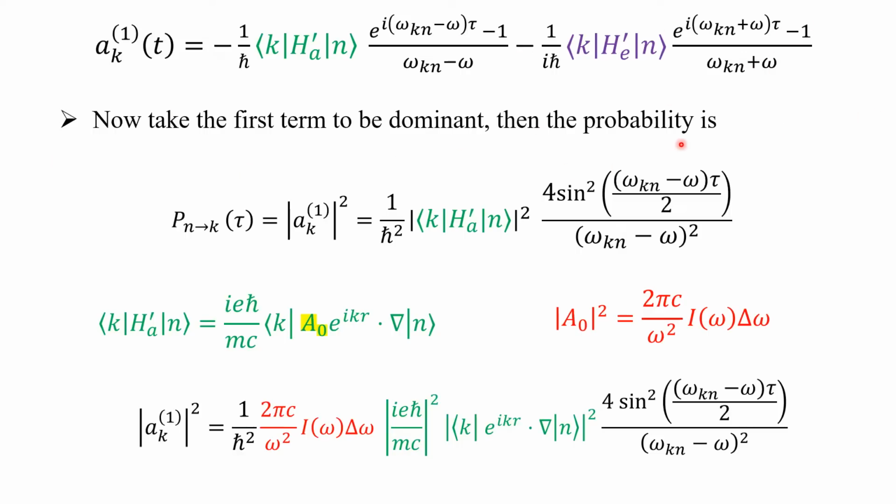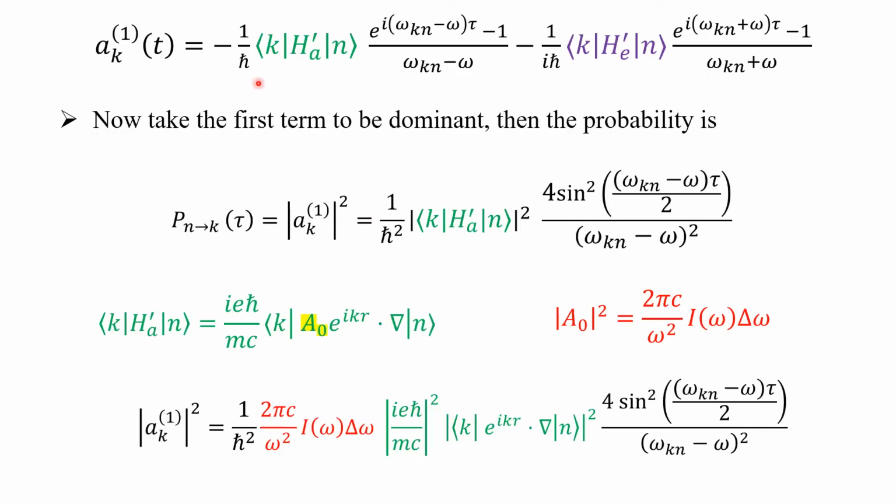Then the probability is equal to the modulus square of the probability amplitude, or expansion coefficient. If you take the modulus square of this, you will get the probability of the particle to move from the nth state to the kth state, which is equal to 1 over ħ squared.